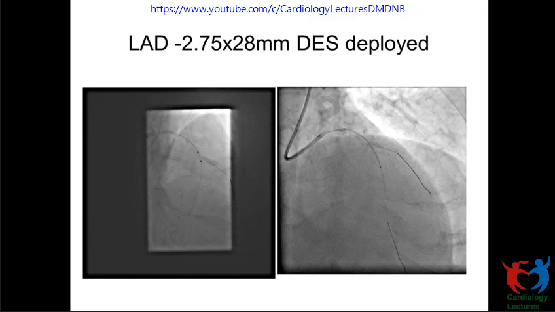Then we dilated both the branches first with 2x12 and then a 2.5x12, because with 2 we could see that it was not being dilated properly, and we could feel that there was calcium, because we do imaging only in our 20-30% cases. Initially, that was a myth that we did not do imaging just to see the extent of calcium, whether we can do a better lesion fixation if I could have seen the imaging first in this patient. Did you go to high pressures because of the calcium on the 2.5?